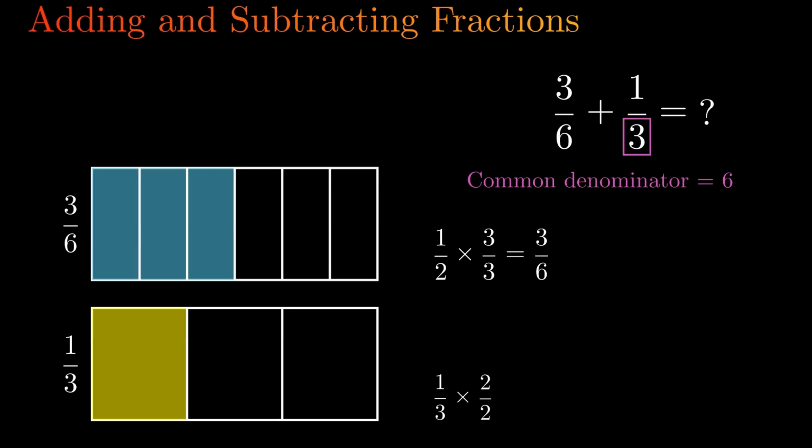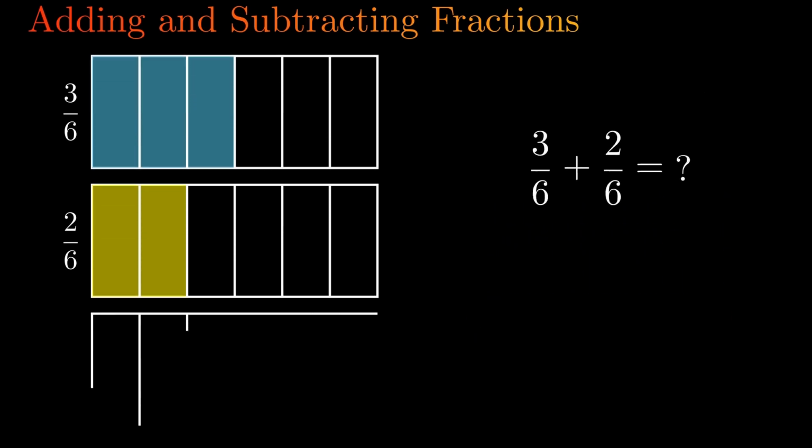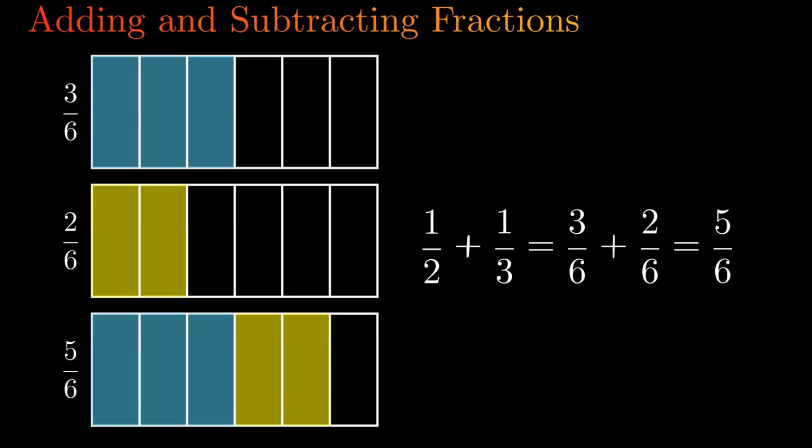So we multiply the top and bottom by 2. This gives us 2/6. Now look at that. Both fractions have a denominator of 6. The pieces are finally the same size. We just add the numerators. 3 slices plus 2 slices equals 5 slices. The denominator stays 6 because the slice size didn't change.